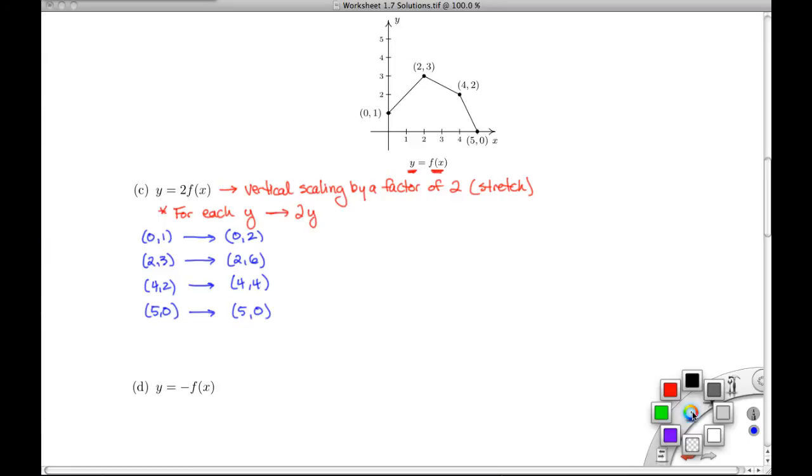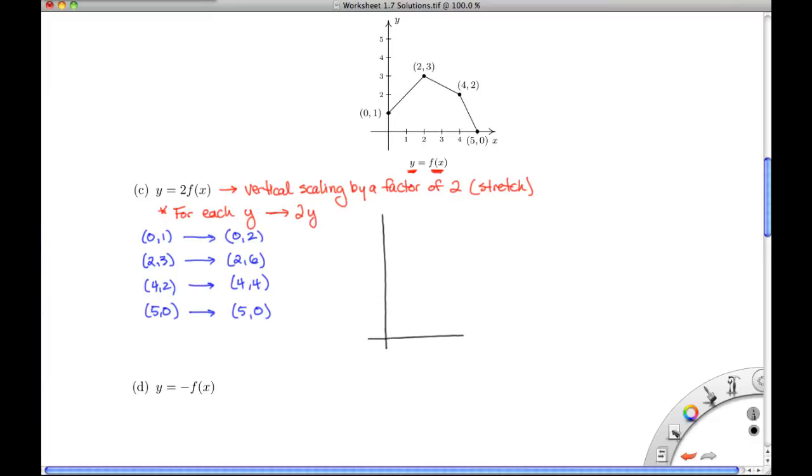So if we were to graph this, we've got our x-axis and our y-axis. We've got the points 1, 2, 3, 4, and 5. And then we will go ahead and we're going to need to go up to at least 6 here.